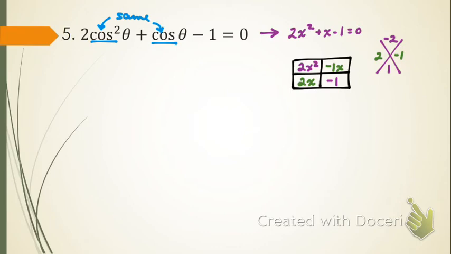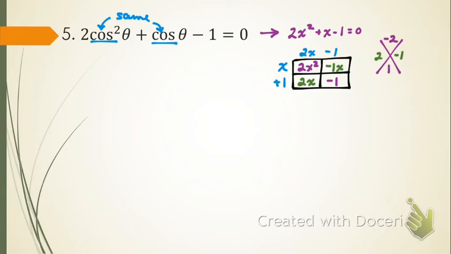So how's this going to factor for me? This direction I can take out a 2x. What can I take out here? -1. What can I take out here? X. And here? +1 or -1? +1.